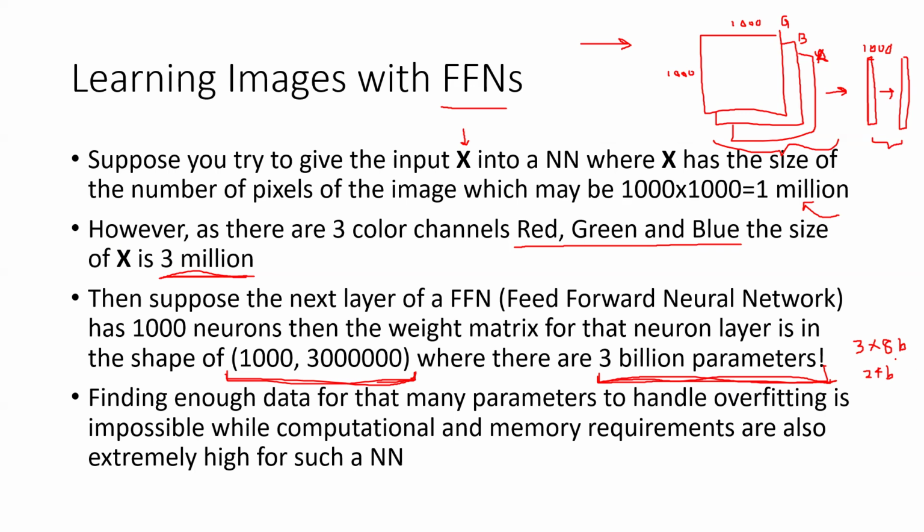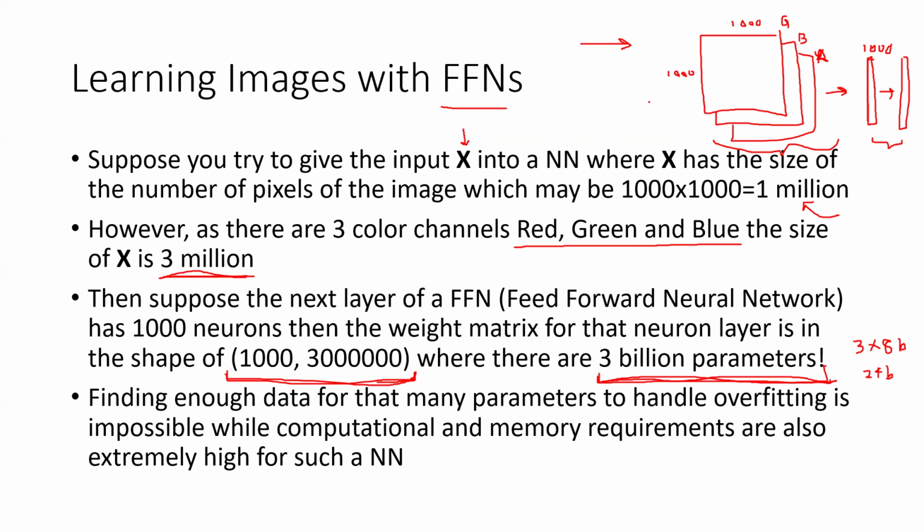Because those include the gradient values and some other information relevant to the backpropagation process, right? So you would need a lot of memory just to keep this input layer in the memory. So these kinds of fully connected neural networks are not practical with image inputs.